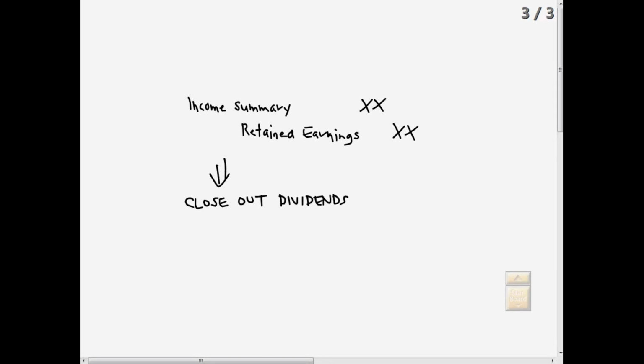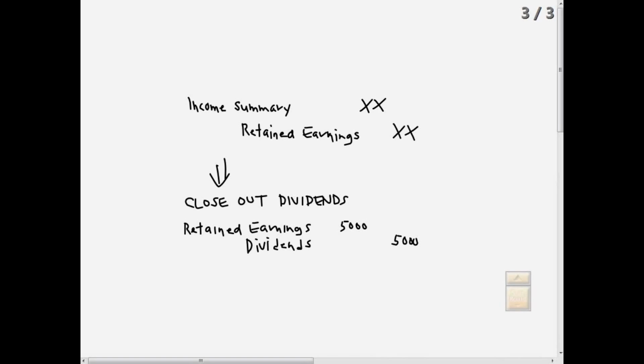So I can write retained earnings. Now, why was dividends a debit balance to start out with, and why do I need to credit it now? So what is retained earnings telling you?